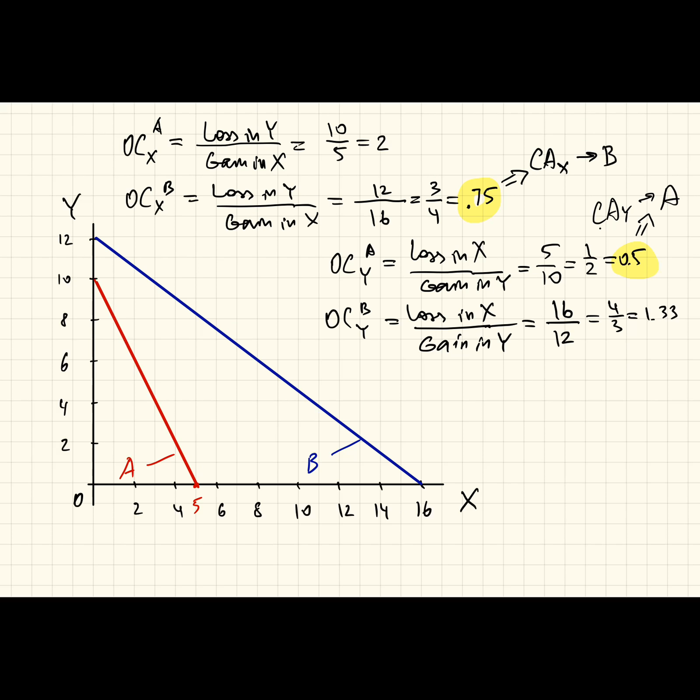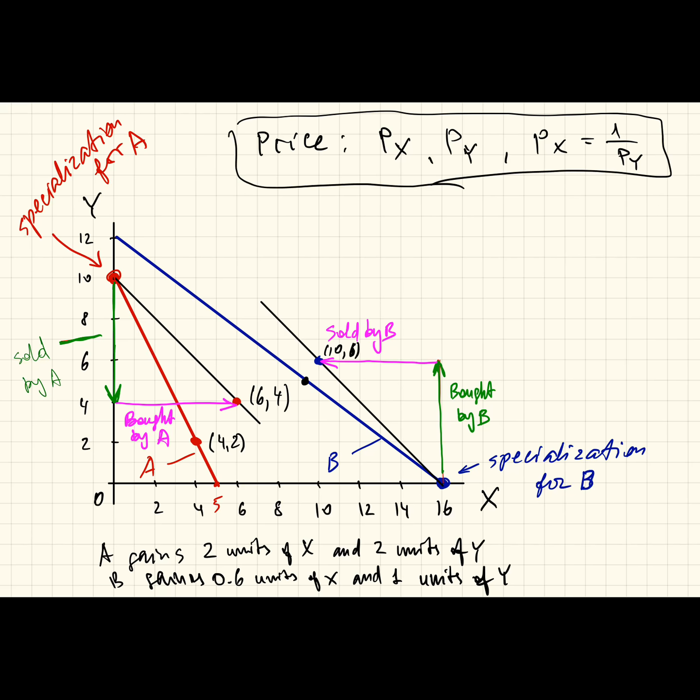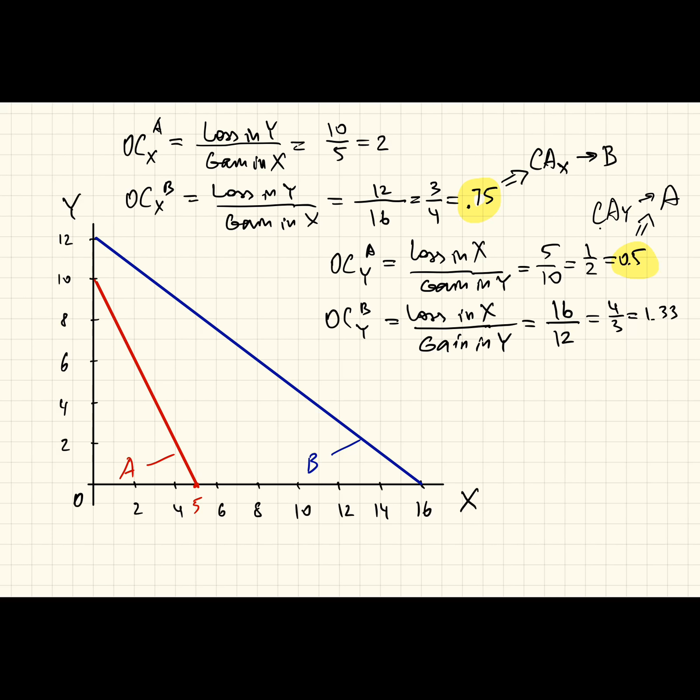So you could notice that opportunity cost that we just calculated for good X, in fact, is equivalent to the slope of the curve. So that means that without even doing any numbers, if you're trying to figure out who has comparative advantage in producing good X, all you need to do is to look at these two PPFs and see which one is flatter.